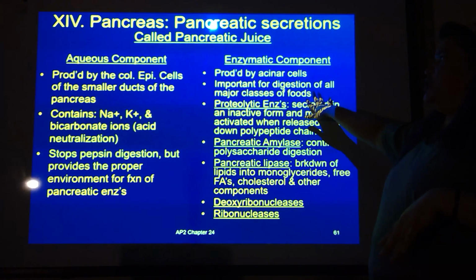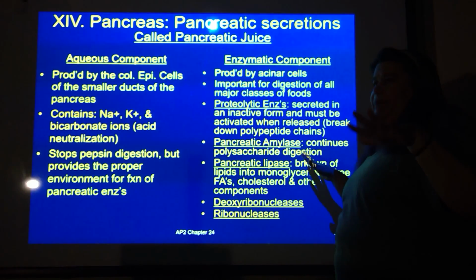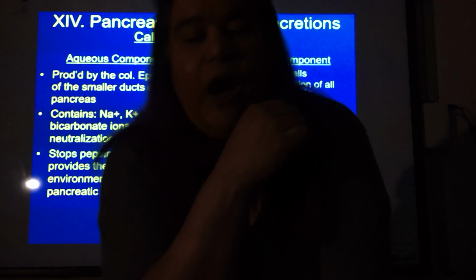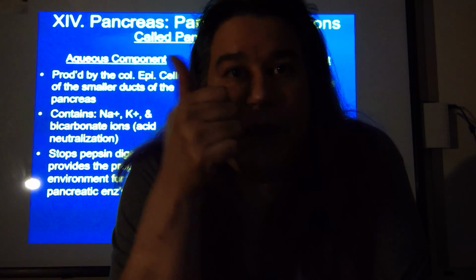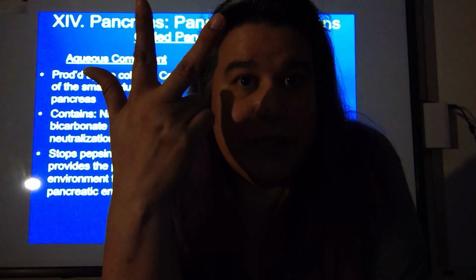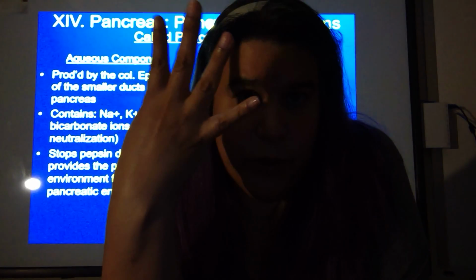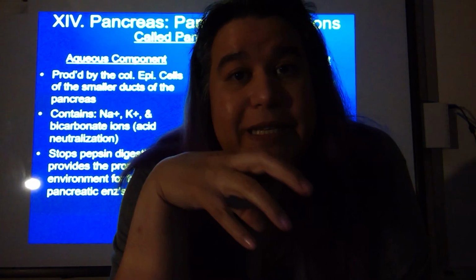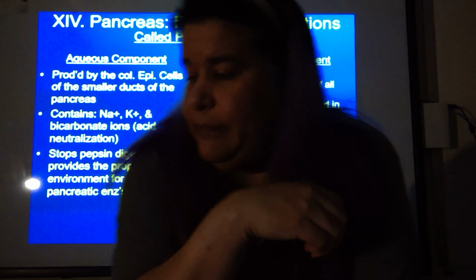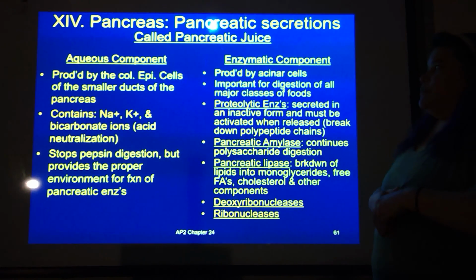They're important for digestion of every major class of organic food compound that we have. So when we talked organic chemistry in AP1, we talked about carbohydrates, lipids, proteins, and nucleic acids. Okay? All four of these have enzymes coming from the pancreas to help us to digest them. So, proteolytic enzymes.